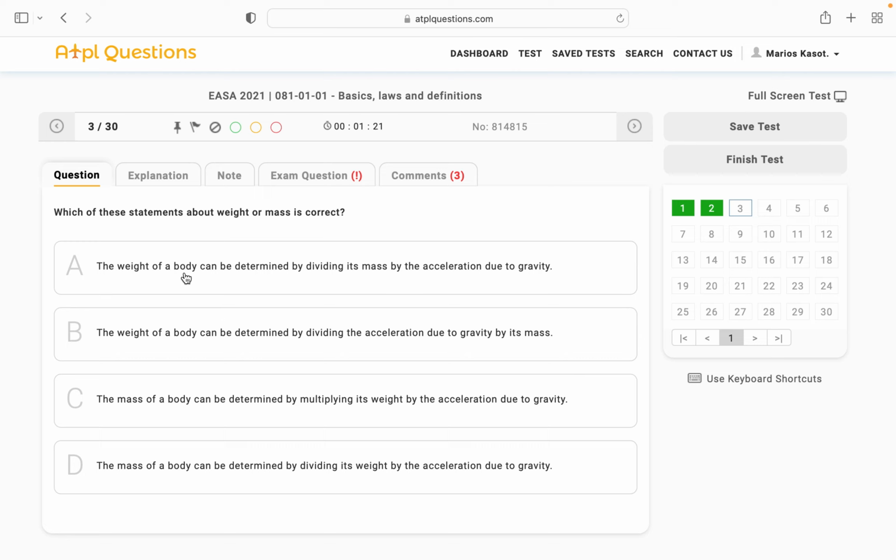Let's see the possible answers right now. The weight of a body can be determined by dividing its mass by the acceleration due to gravity? No. The weight of a body can be determined by dividing the acceleration due to gravity by its mass? No. The mass of a body can be determined by multiplying its weight by the acceleration due to gravity?